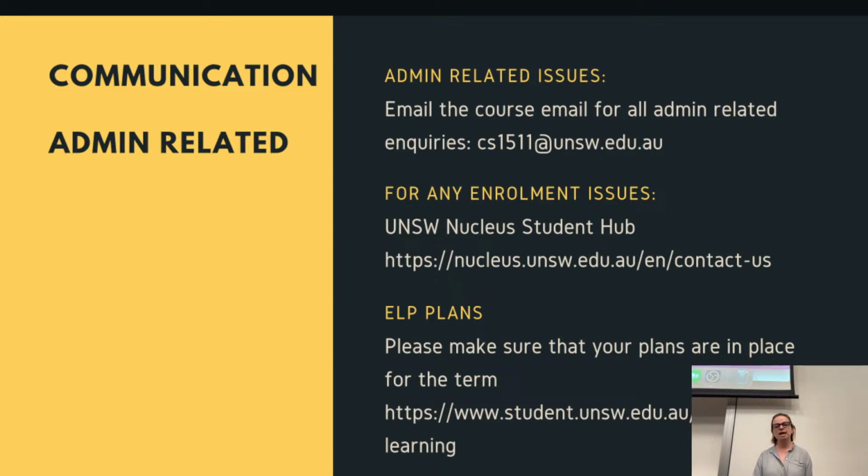So you can make an equitable learning plan if you have a need of one by going to that website and setting up a meeting with a person from Equitable Learning, and you get provisions for the course, things like extensions and stuff, potentially exam provisions depending what your needs are. So it's very important that you get this assistance if you need it, because it helps you to be able to achieve to your full potential.